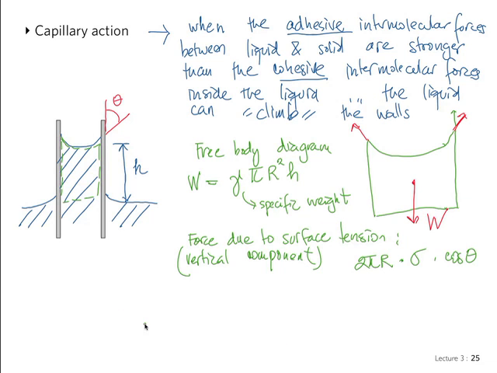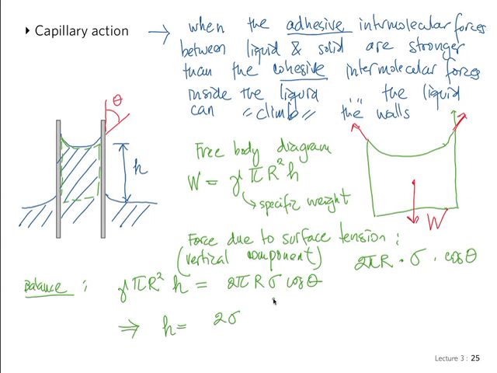So now we can apply equilibrium, balance of forces, and we get gamma pi r squared h is equal to 2 pi r sigma cosine theta, and we can solve for h, and it's equal to 2 sigma cosine theta divided by r gamma.